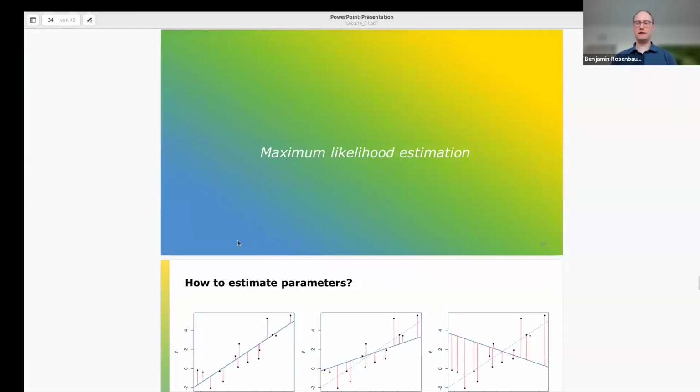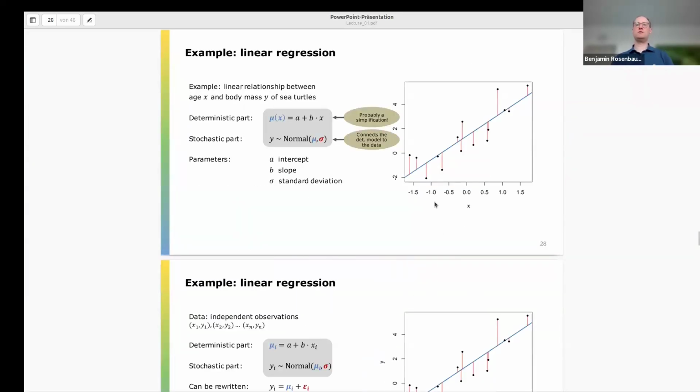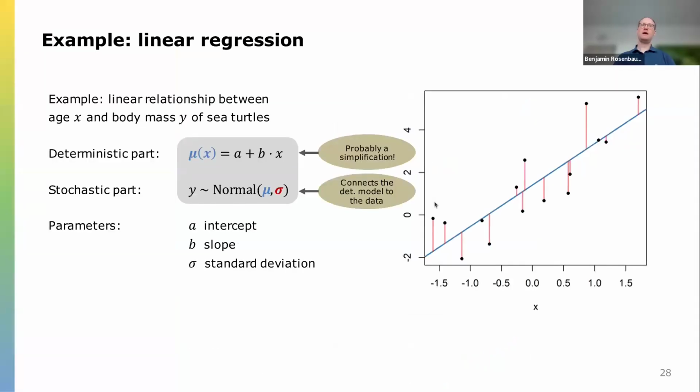Let's go back again. Here, x is the predictor value. And I write this as, so this is to be read as a function. So mu is a function of x, which means that for every value of x, I can compute the value, right?